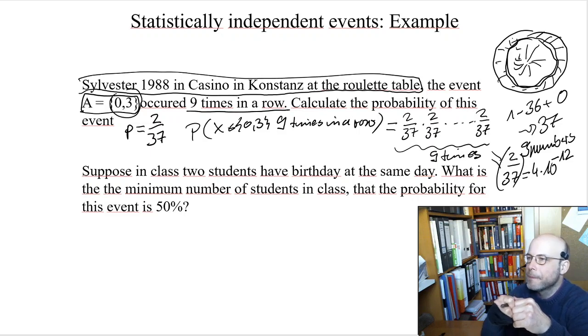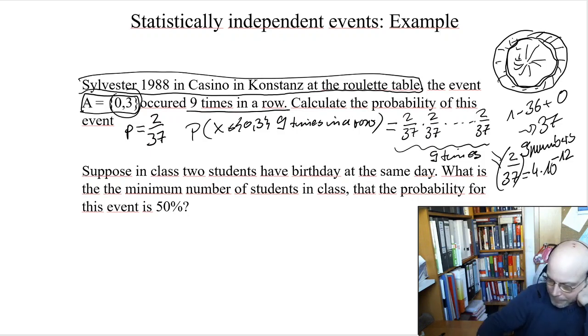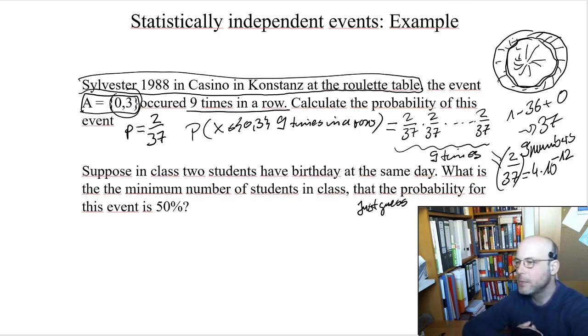What do you think? How many guys do we need? Is it our number 8 today? Did we already reach that the probability is 50%? Just have a guess. How many guys do we need? What do you think? If you guess, there is no wrong or right.